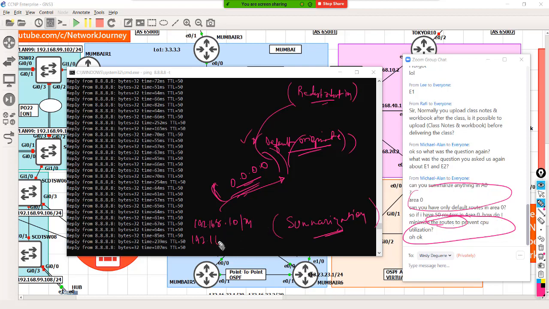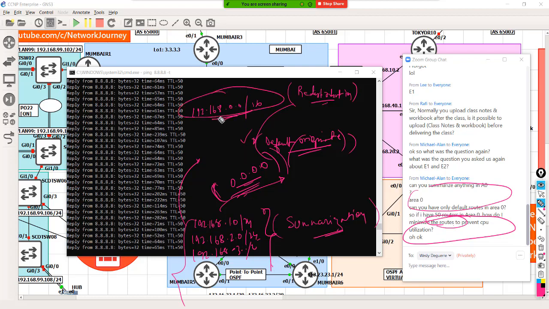Similarly, I have 192.168.2.0/24, 192.168.3.0/24 and a bunch of other lines. With summarization, I can make it 192.168.0.0/16. Now all of this will be summarized and placed as a single route. So that is the solution for your question. A default route is a different concept.